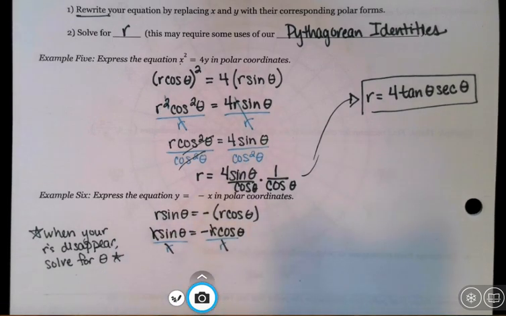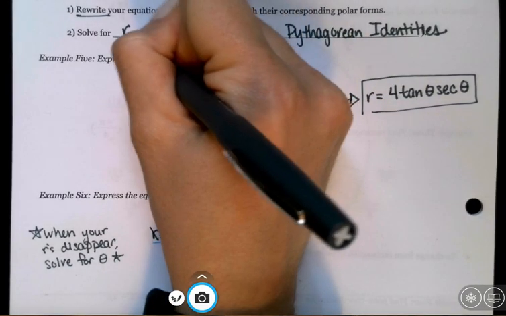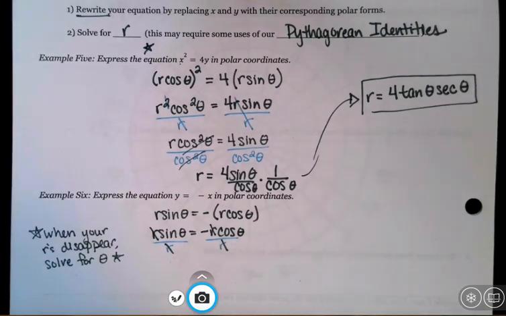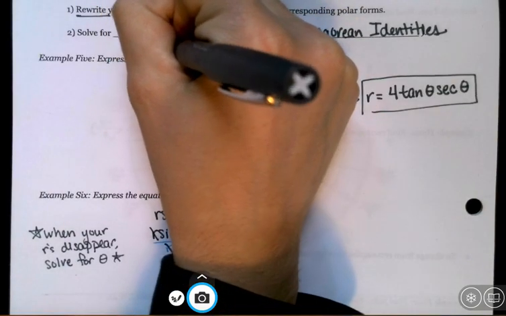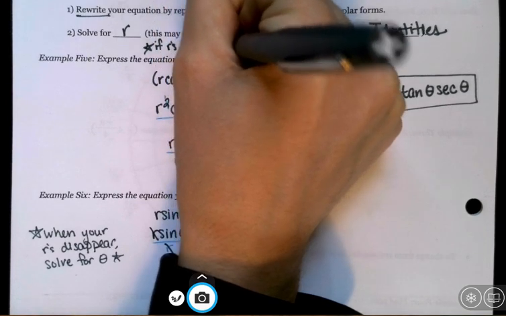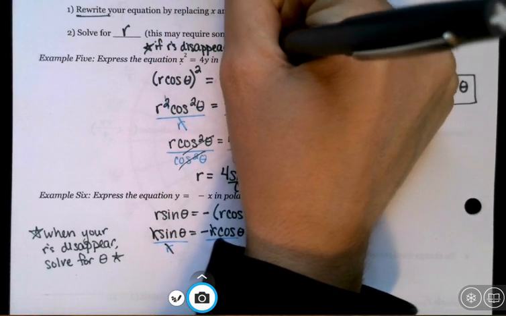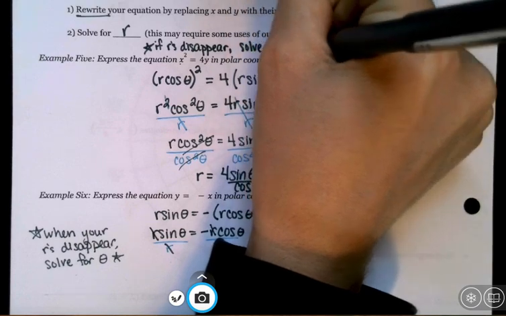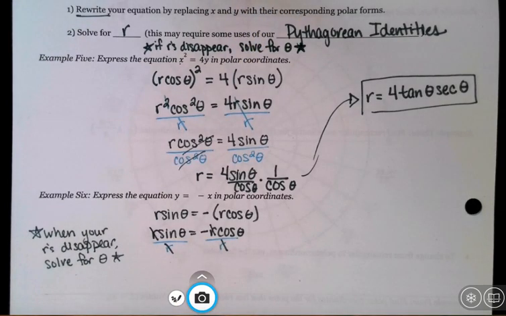I actually want to add that up here as well in our steps. So if r's disappear, solve for theta. So I'm going to go back to example 6 and pick up where we left off.